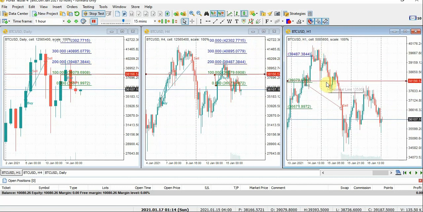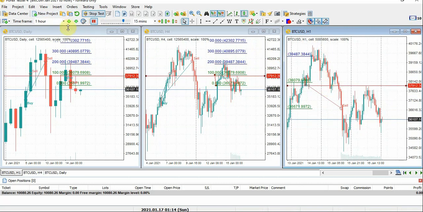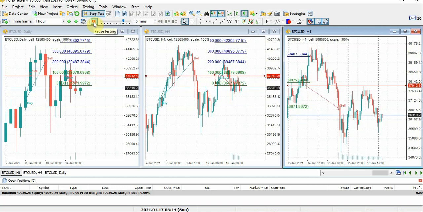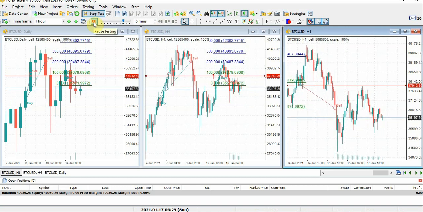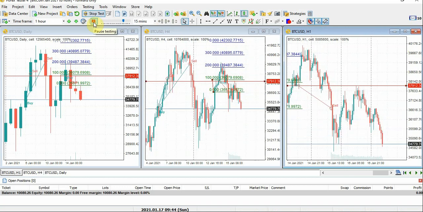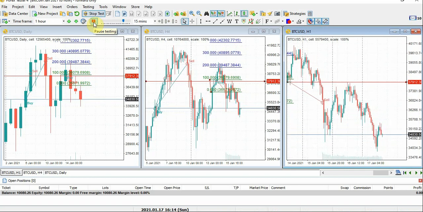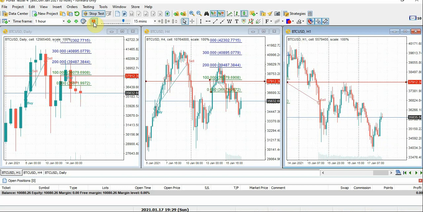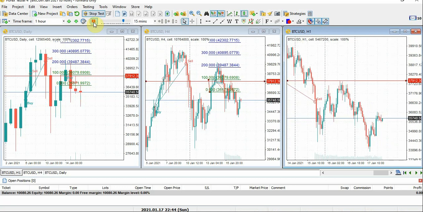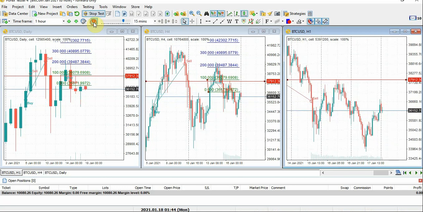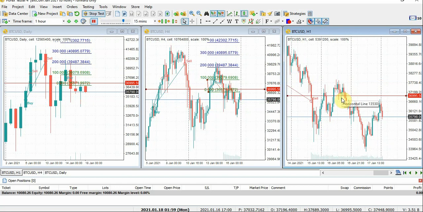Previous day's high needs to be trailed down. Now we're breaking lower. Previous day's high trailing down, but this week closed negative.